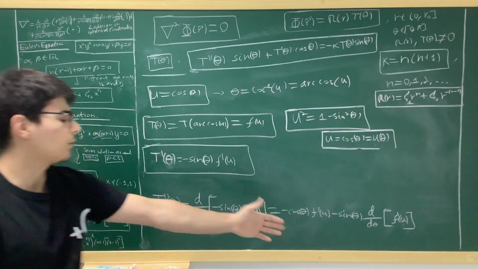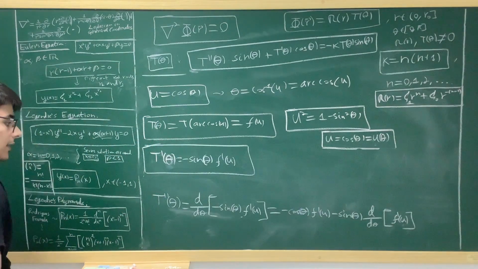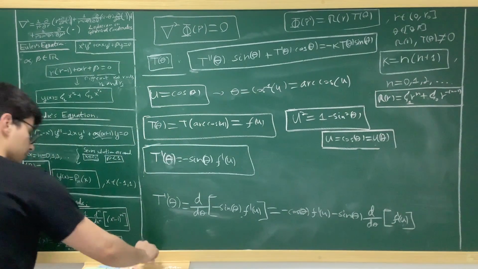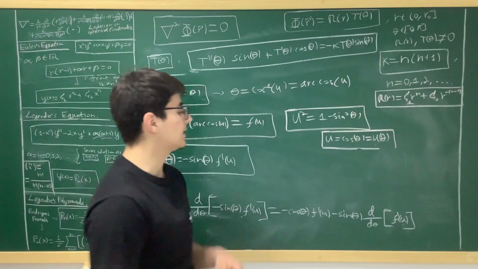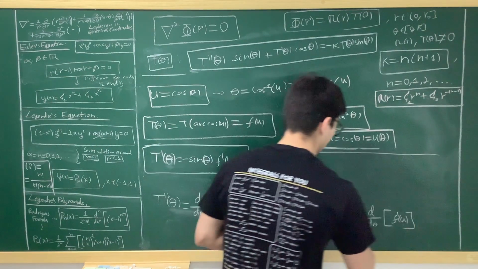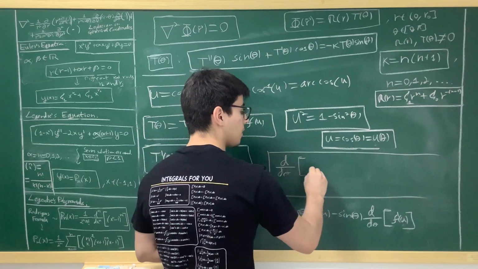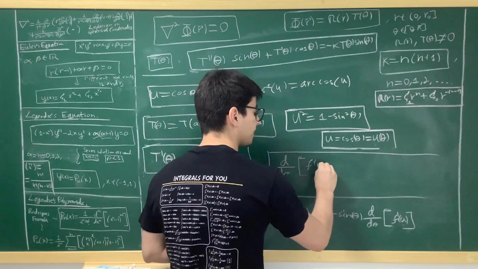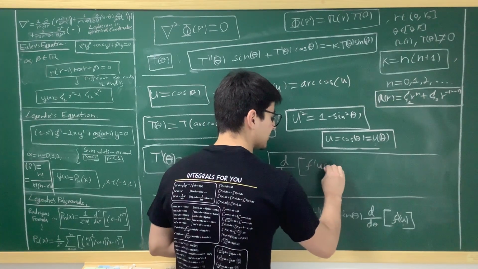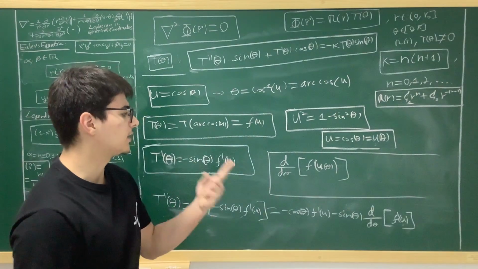Just like before, how do we confront this? What I have to think is that the derivative with respect to theta of f prime of u is actually this. U depends on theta too, so we have to apply the chain rule.